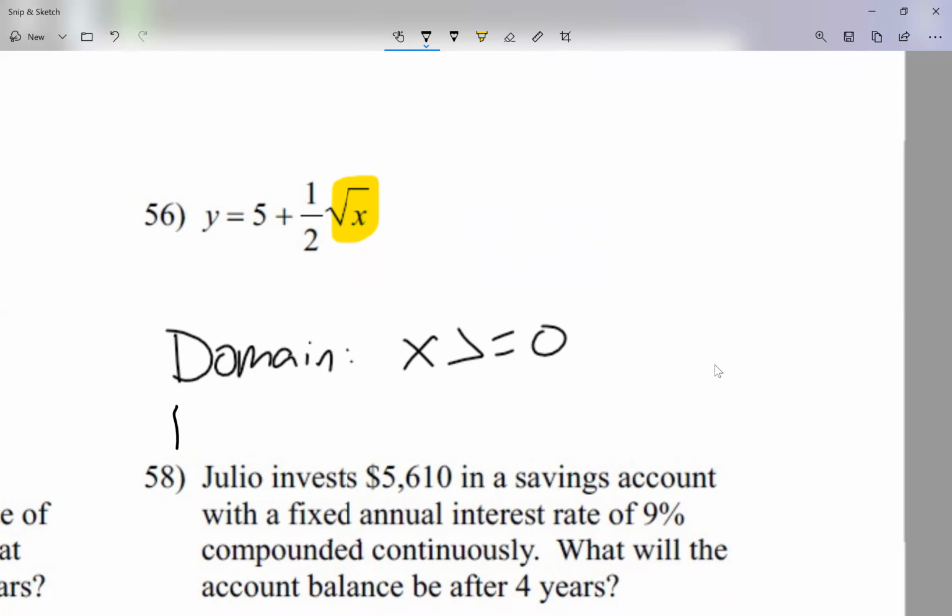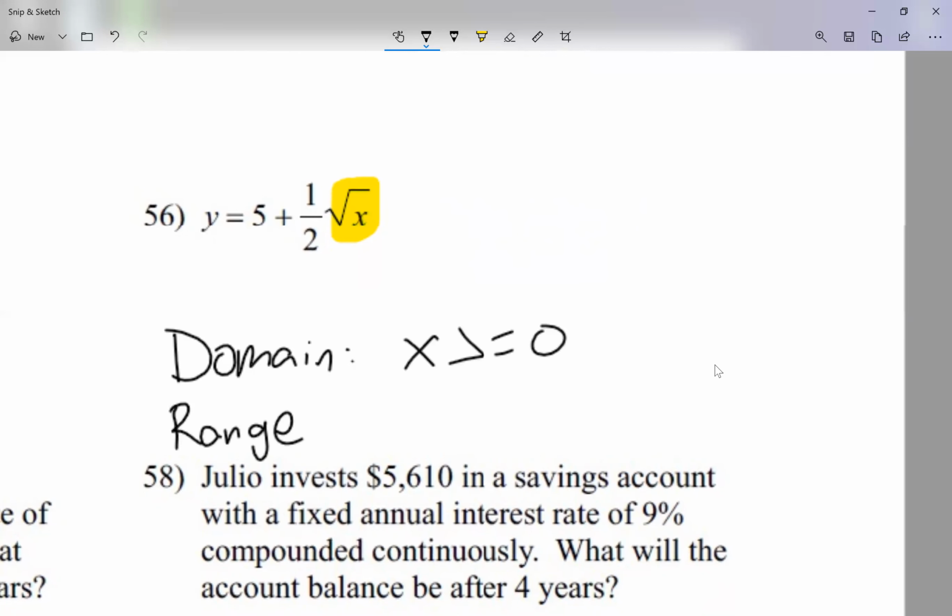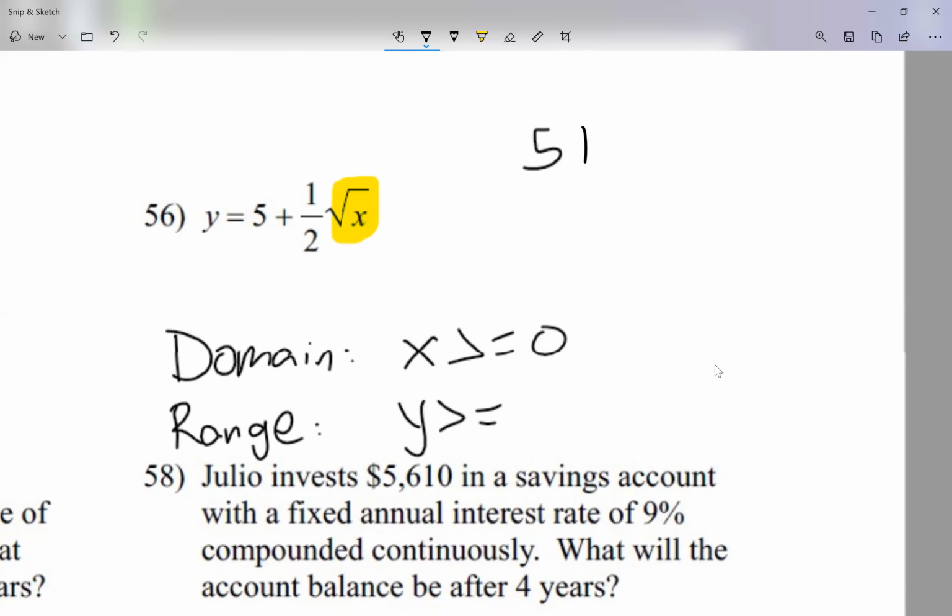Now my range is going to be Y is greater than or equal to... Now, my smallest value of X gives me 5 plus 1/2 times 0. Right?